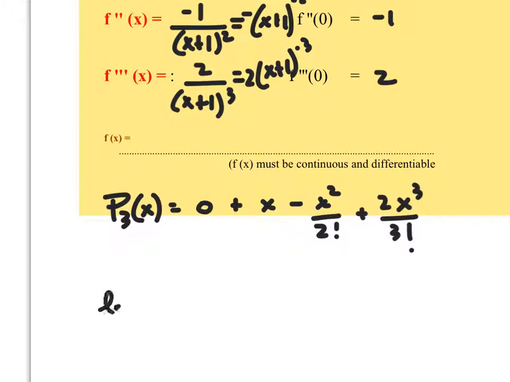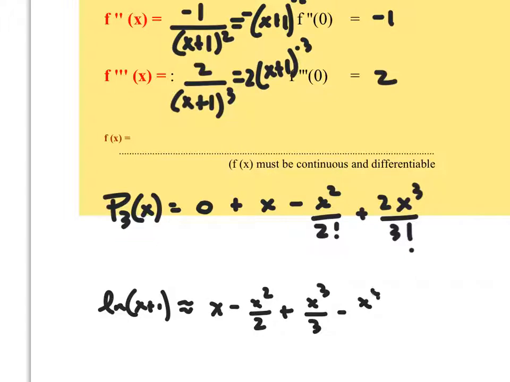So that means the natural log of x plus 1 is approximately equal to x minus x squared over 2 plus x cubed over 3. And you can imagine, pattern-wise, this would end up being an alternating series. That would probably be x to the 4th over 4 and on down the line.